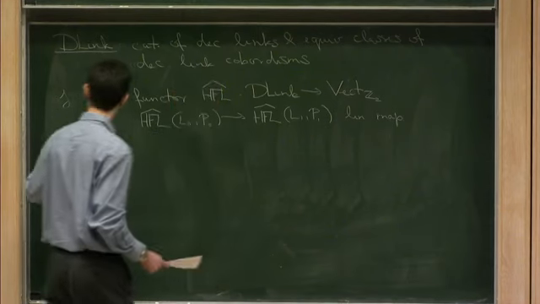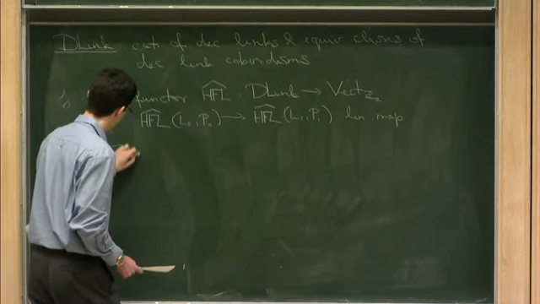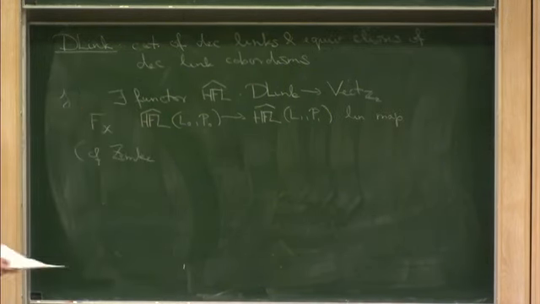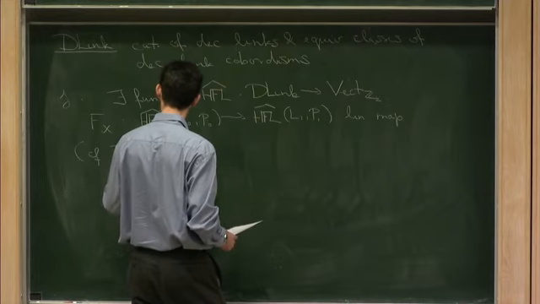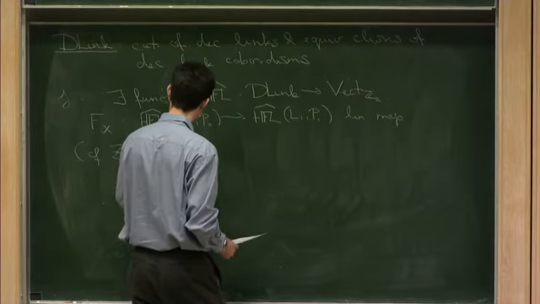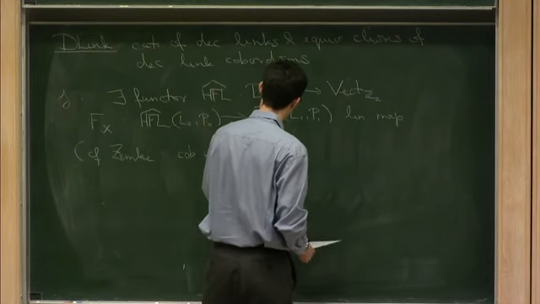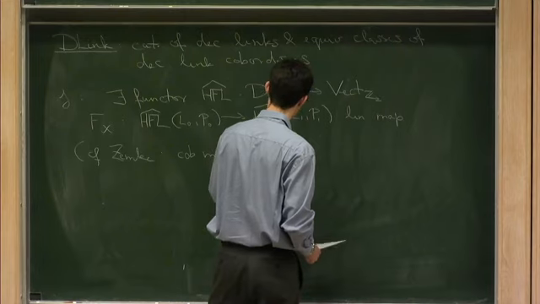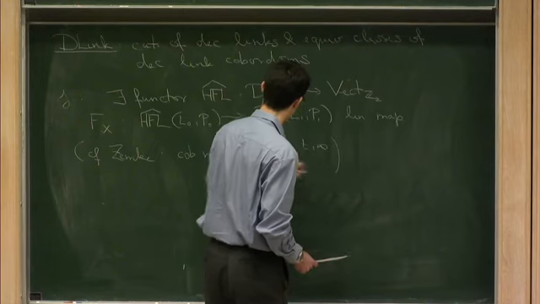And I should mention that Ian Zemke defined, in a different way, cobordism maps on other flavors of link Floer homology, such as cobordism maps on HFL plus, minus, and infinity.